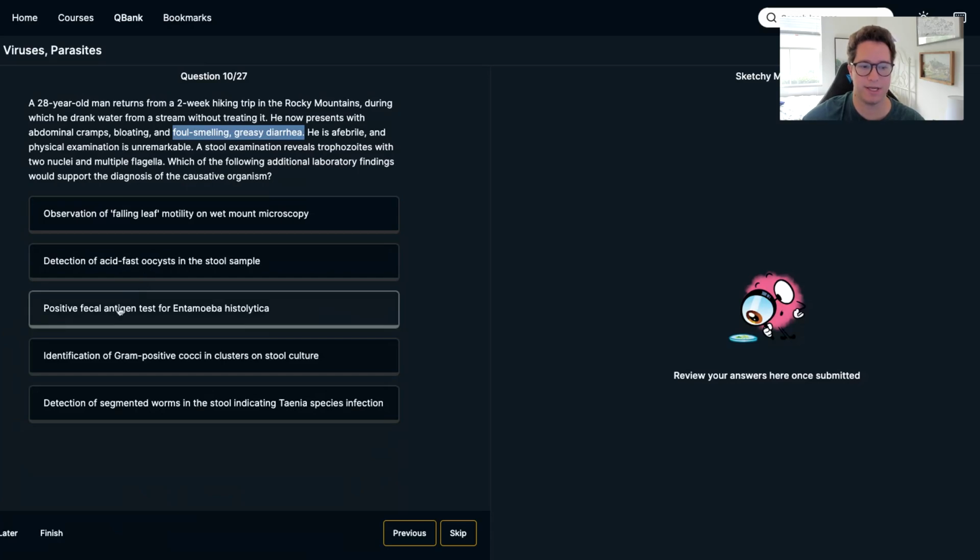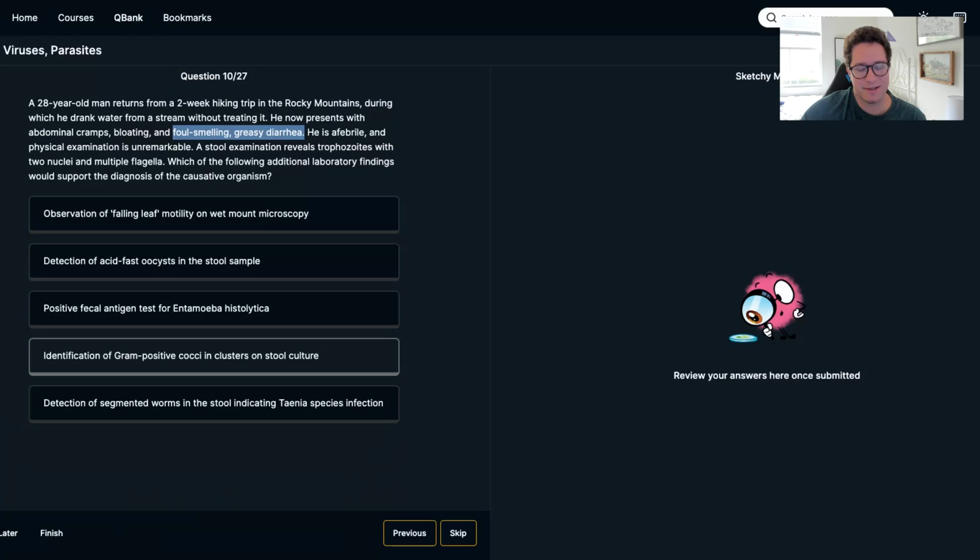Positive fecal antigen test for entamoeba. Another one where you think, oh, I did something bad, I'm hiking, and now I have some weird belly stuff. But entamoeba causes dysentery, so that's more likely to be a bloody diarrhea, and a lot of it, and not just this foul-smelling, greasy diarrhea. So less likely. Gram-positive cocci in clusters. When you see gram-positive cocci in clusters, you think of staph.